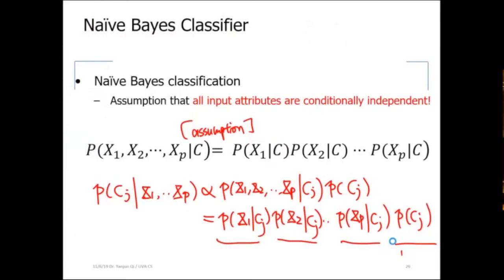So in the end, when new data comes in, I need to look up this, and this, until this. This means the thing I need to estimate from my data becomes, for x1, conditioned on C yes and conditioned on C no. x1 has how many cases? Sunny, overcast, rainy.